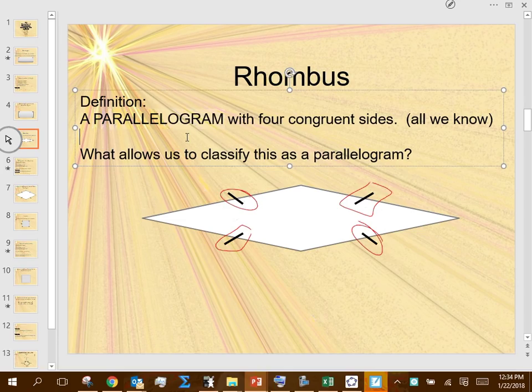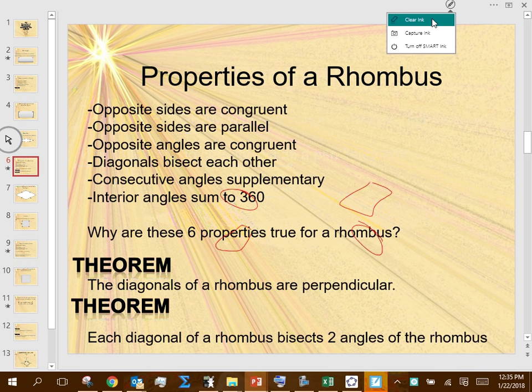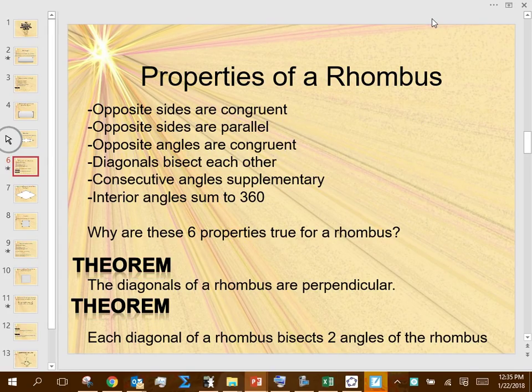So, if it's a quadrilateral, and then we've been able to determine that it is also a parallelogram, a rhombus should have all those features that quadrilaterals and parallelograms have, right? So just like a rectangle, a rhombus is going to have those 6 initial features. Okay? It says, why are these 6 properties true for a rhombus?